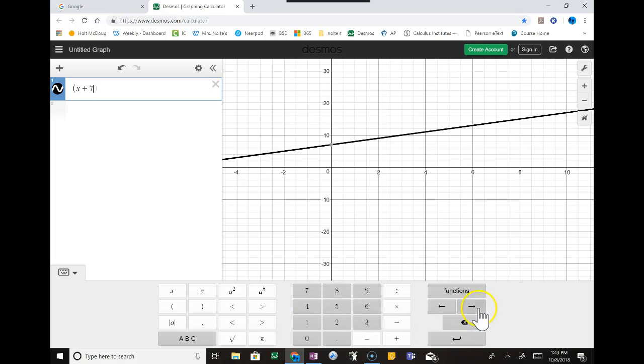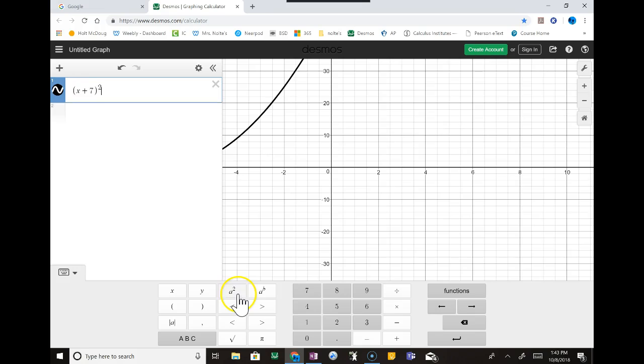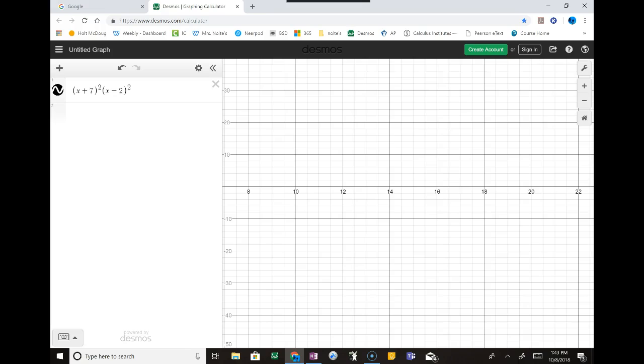Oh, I put plus, that's okay. And x minus 2 squared. Okay, don't look at it. I want you to draw it on your sheet of paper in front of you really quickly. It says x plus 7 squared and x minus 2 squared.